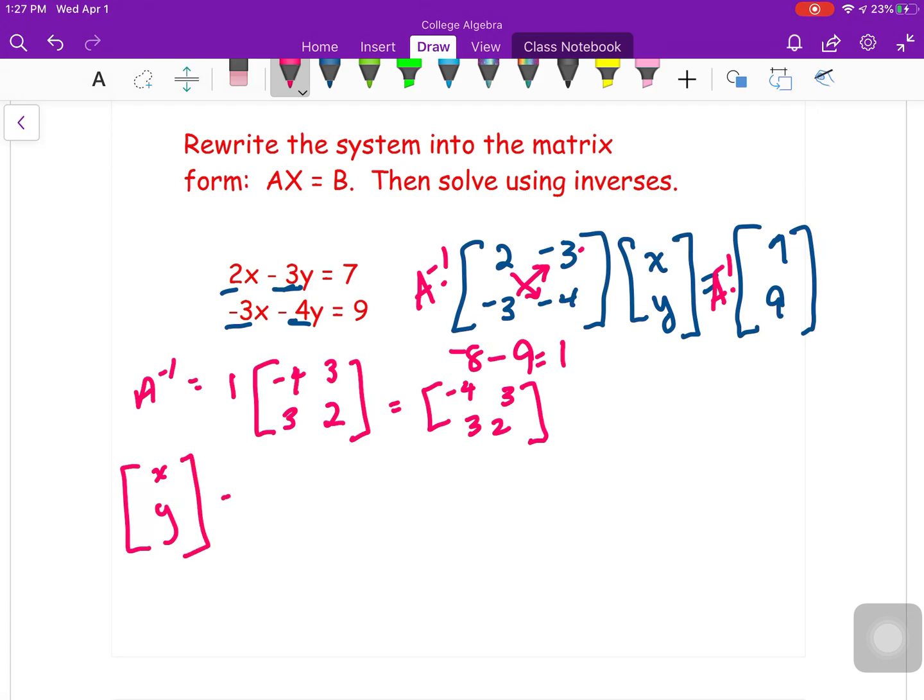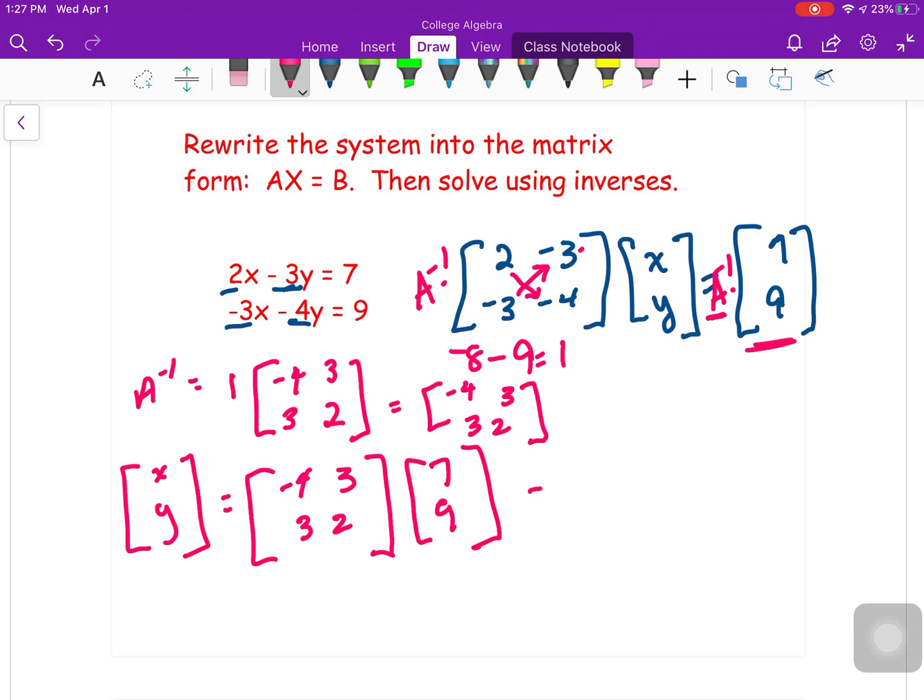So to find what X and Y are, it says to take A inverse times 7, 9. So I need to take negative 4, 3, 3, 2 times 7, 9. 2 by 2 times a 2 by 1 should give me a 2 by 1.